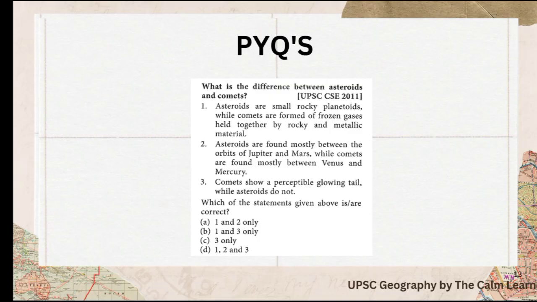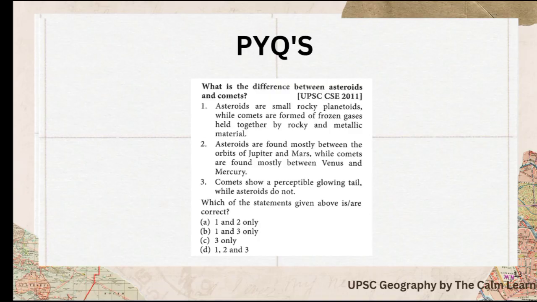In the second option, it is given that asteroids are found mostly between the orbits of Jupiter and Mars. This is correct, as the asteroid belt is located roughly between the orbits of Jupiter and Mars. But it is also given that comets are found mostly between Venus and Mercury. This statement becomes wrong because comets are not limited to any specific region. They are spread all over the solar system.